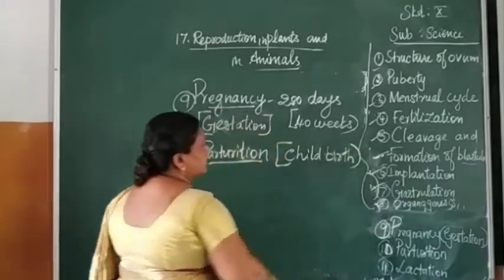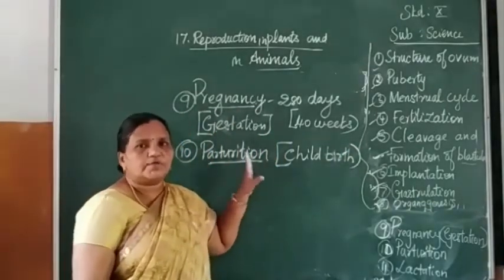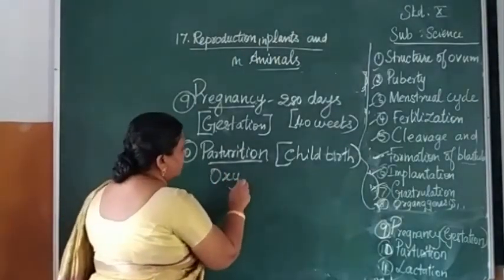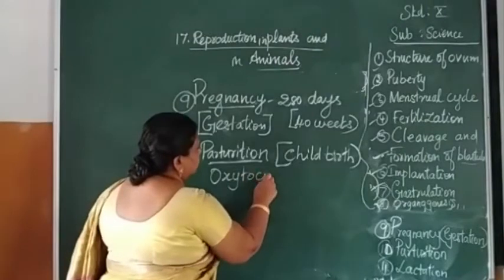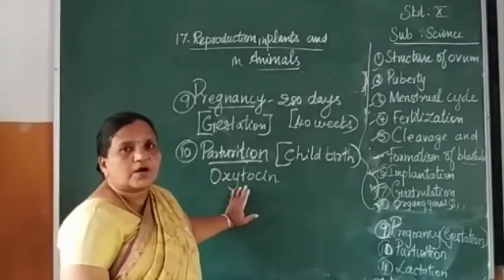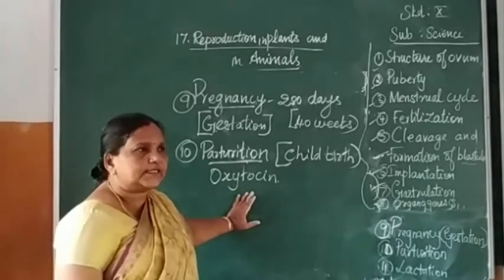During this time, an excess amount of oxytocin hormone will be secreted. So the hormone responsible for childbirth is oxytocin. Along with that, the hormones progesterone and estrogen also will be secreted more.